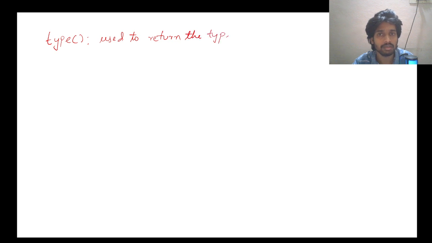So we have a function called type, used to return the type of the object. If I declare a is equal to 10, then type of a returns int.